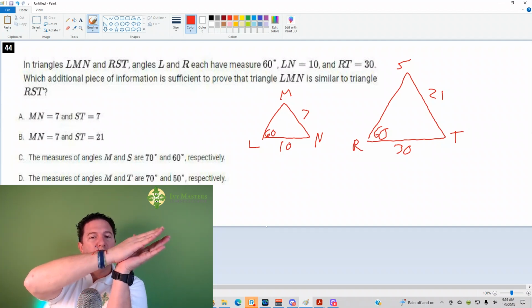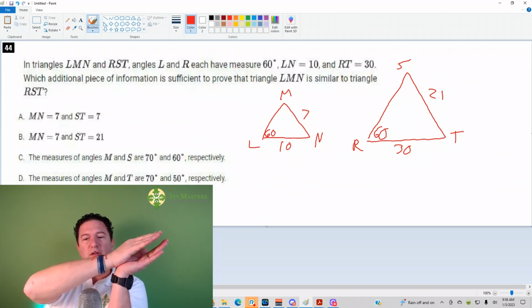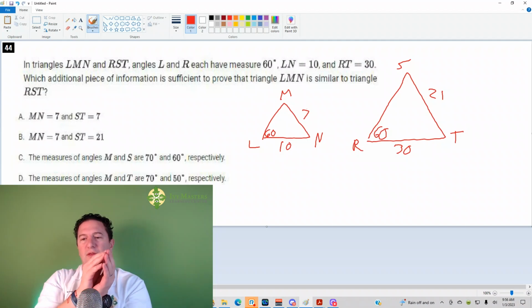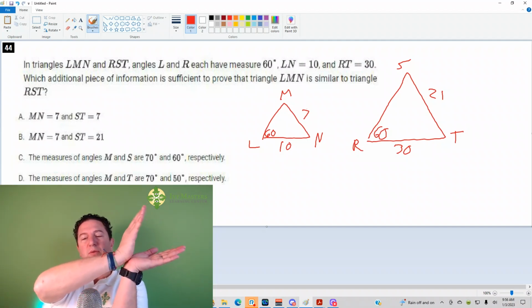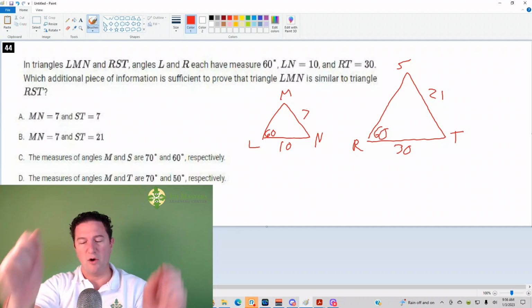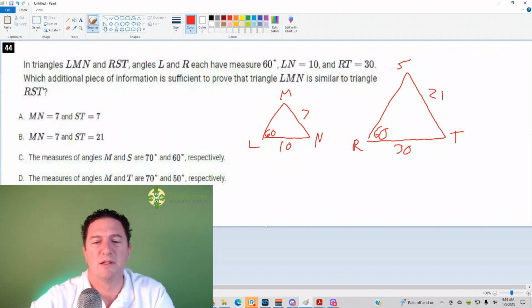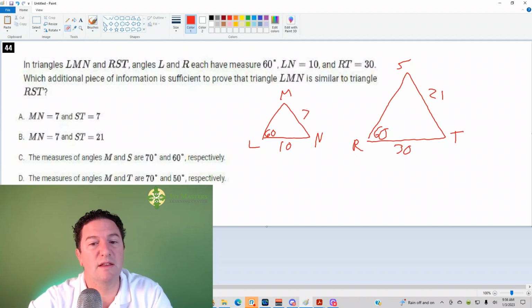So LM, we don't know if it's going to be 1/3 of SR. And the same thing with that 30 and the 21. The side RS is going to be determined by the angle of T, because it could open big or small. So you might have your eye on that one, but let's investigate the other answer choices.